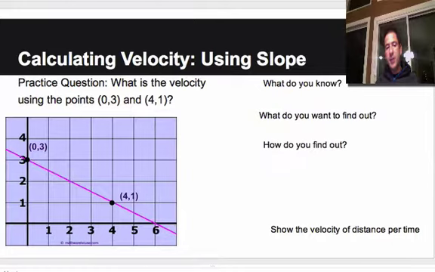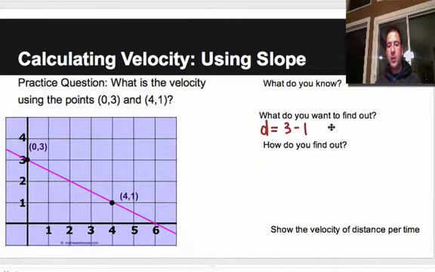Well, we know the distance, or the interval distance, and the points on the distance are on the vertical axis, going up and down. We started at 3 and we finished at 1, so we have 3 minus 1.